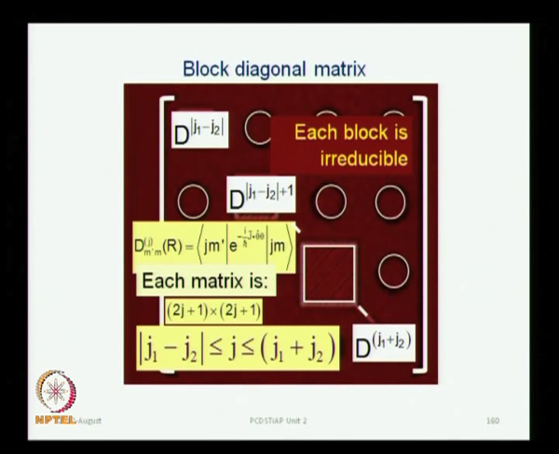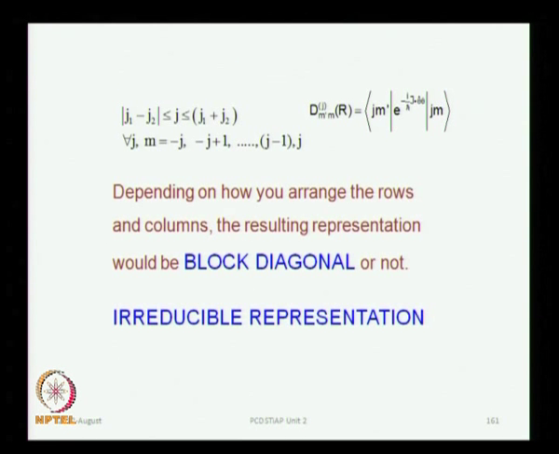A reducible representation is very easy to define: it is one which is not irreducible. But you know what an irreducible representation is, so that defines both. So it is important to arrange the rows and columns appropriately so that you get the matrix in a block diagonal form.